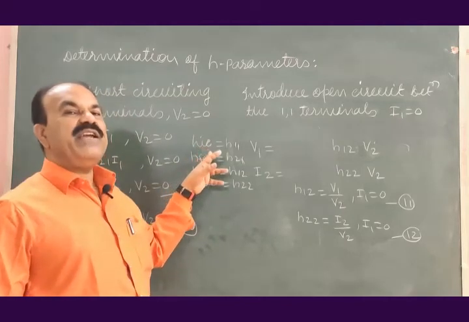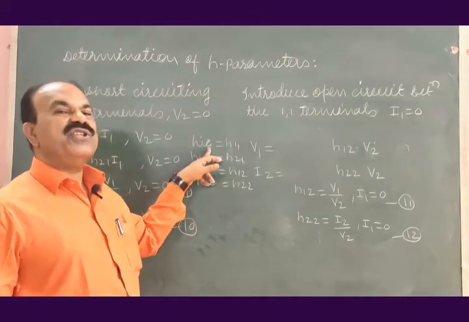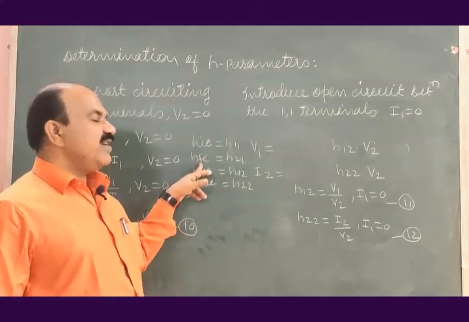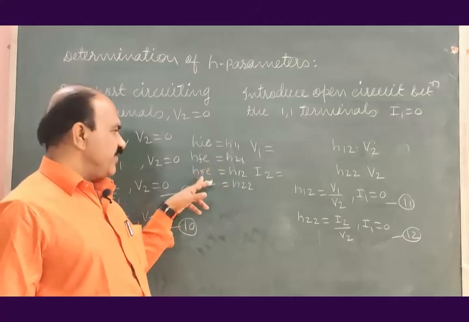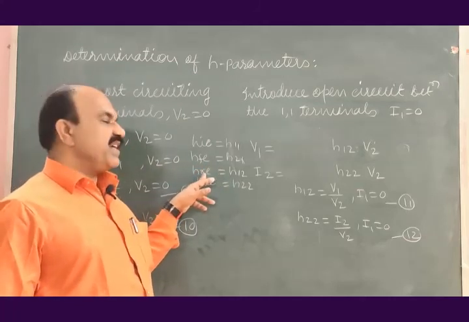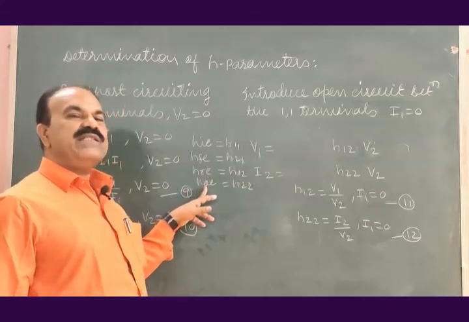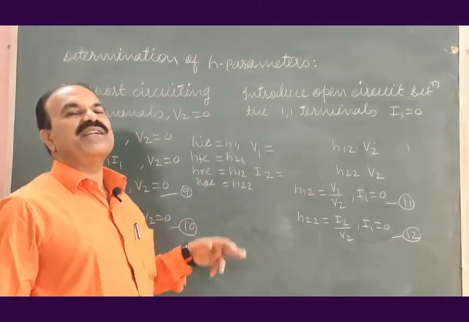Meaning of HIE: input impedance of the transistor with common emitter connection. HFE: forward current gain of the transistor with common emitter connection. HRE: reverse voltage gain with common emitter connection. HOE: output admittance of the transistor in common emitter connection.